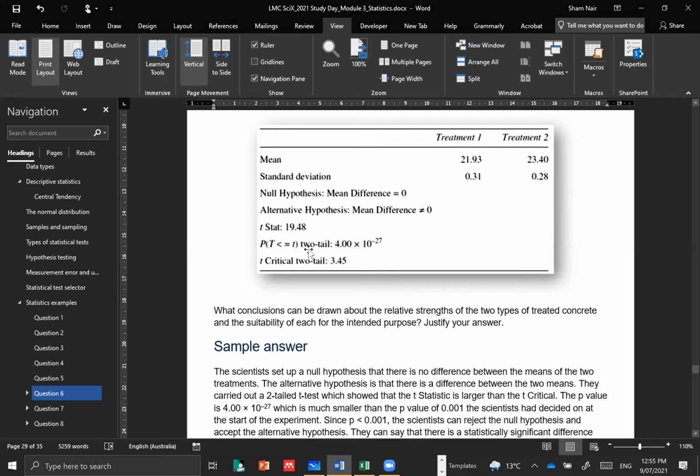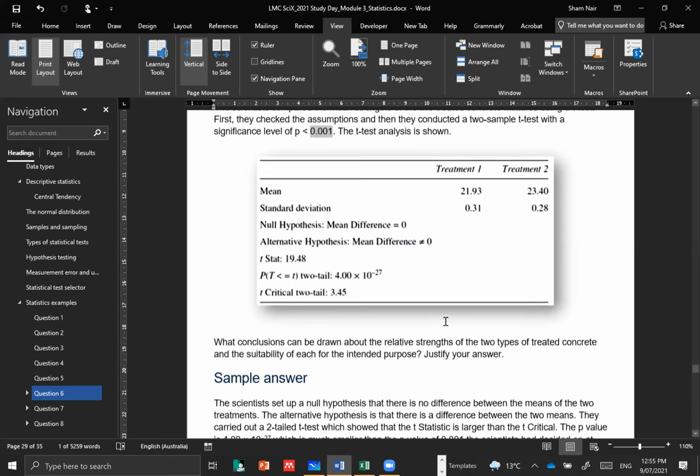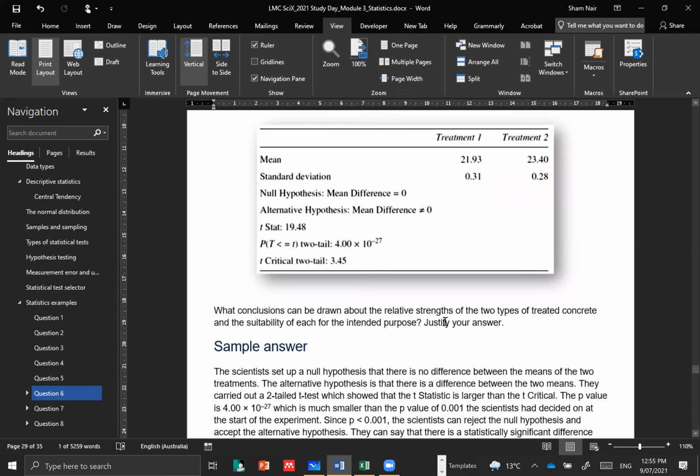Don't worry if you're not sure what two-tailed means. P has a value of 4 × 10 to the minus 27. That's much smaller than this value here. So the calculated p value is smaller than the alpha value.